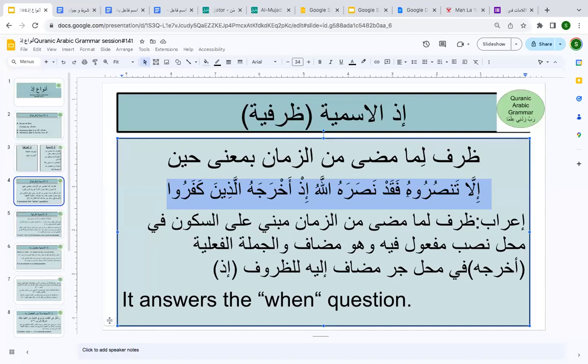Tansuruh is your jumla shartiya, and in is a fi'l shart, which is majzoom bi in. Who is maf'ulun bihi? Faqad nasarahu Allahu idh akhrajahu alladhina kafaru. Then indeed Allah helped him when those who disbelieved expelled him. So does the sentence make sense so far?